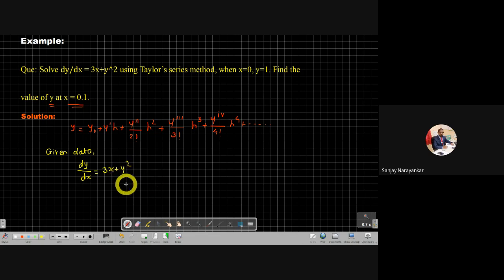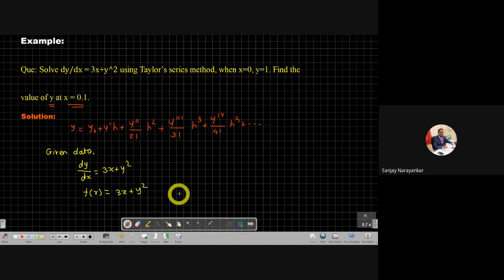That means f of x is given. So we can write f of x is given as 3x plus y square. So this is your function, right?